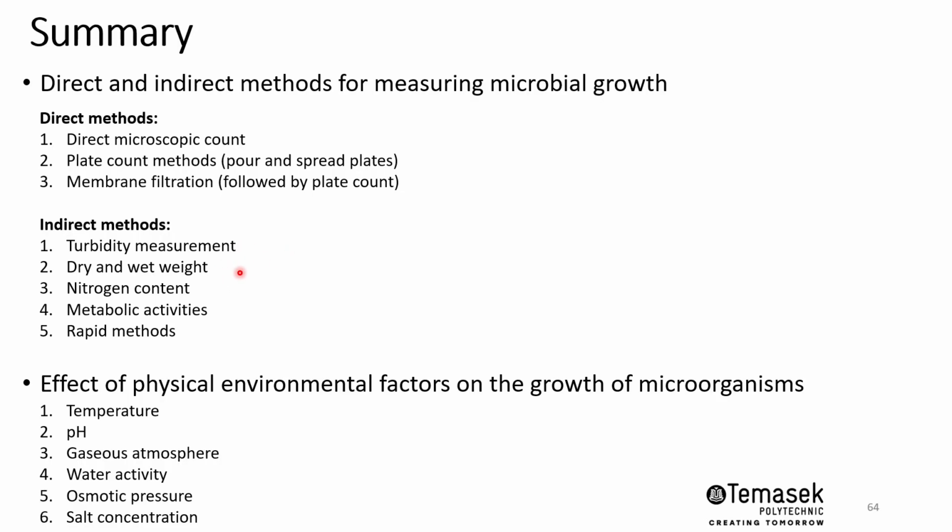The nitrogen content and metabolic activities can also be derived, as often they correlate to the cell mass within the specimen itself. We also talked about some of the rapid methods available, for example the measurement of ATP or the quantification of genomic DNA in a specimen. Often this provides a first line estimate of microbial growth in your cultures.